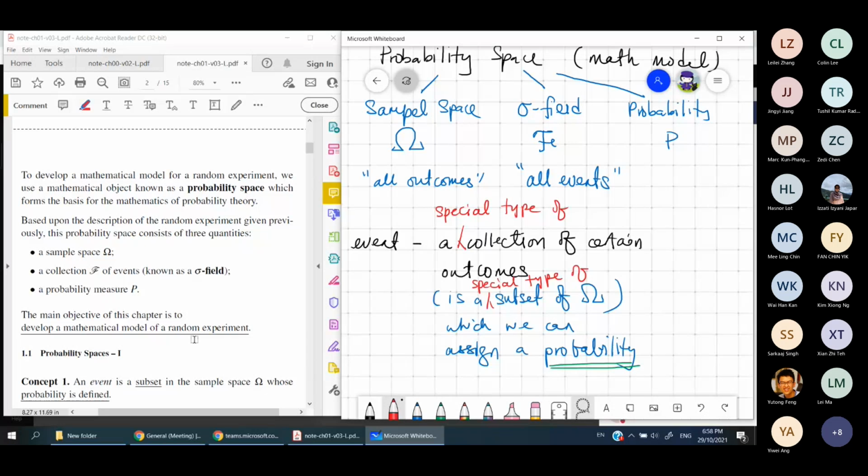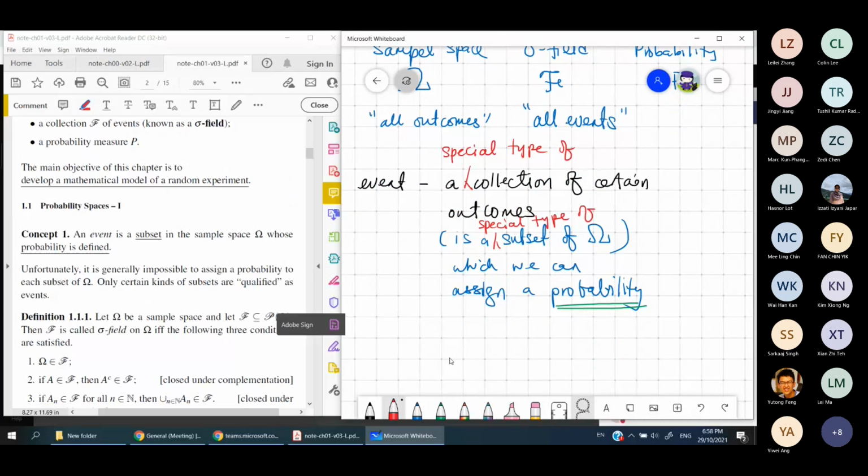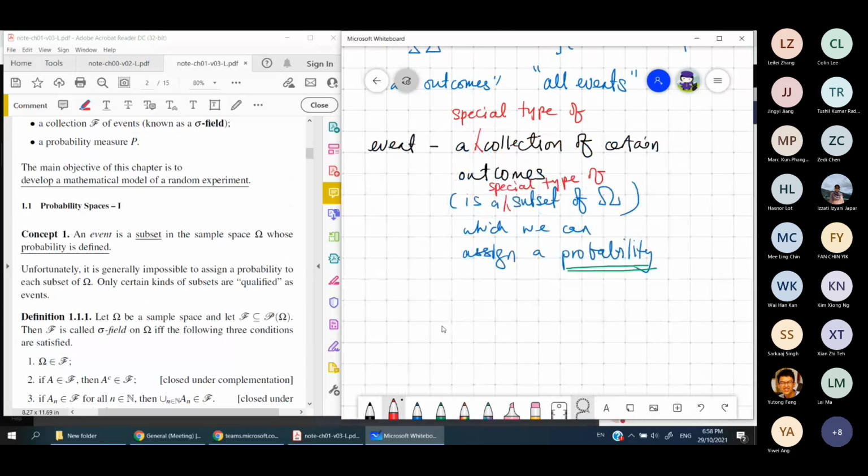I'm going to do it slowly, step by step, to explain how to determine when something is an event and when it is not. Question: is the sigma field a collection of all possible events for the experiment?